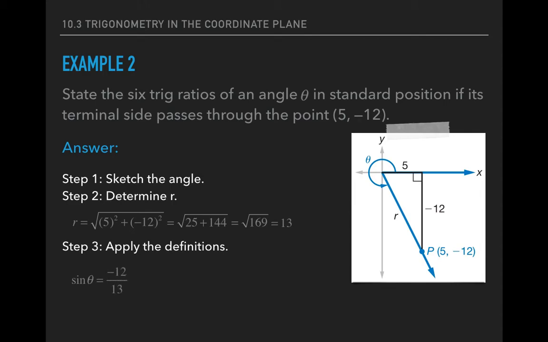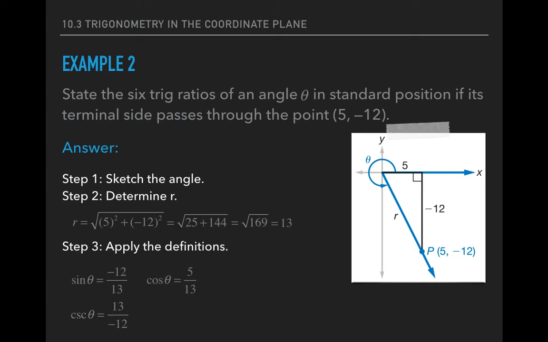Sine would be the -12 over 13, the y over 13, which is your hypotenuse, your r value, and its reciprocal, cosecant.